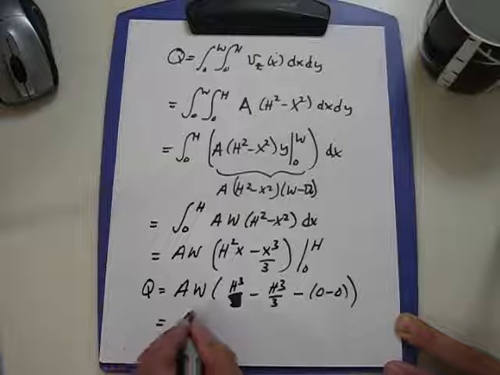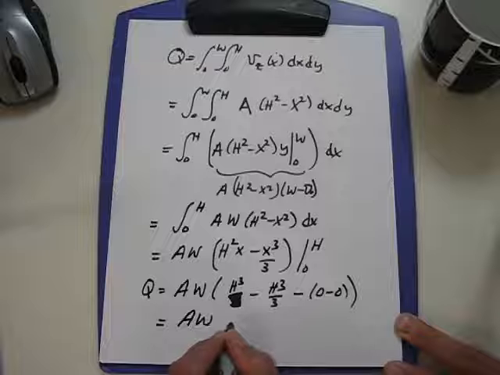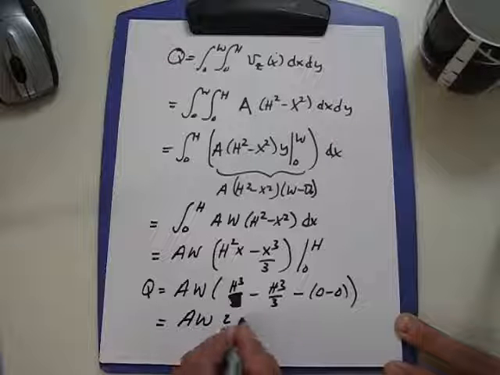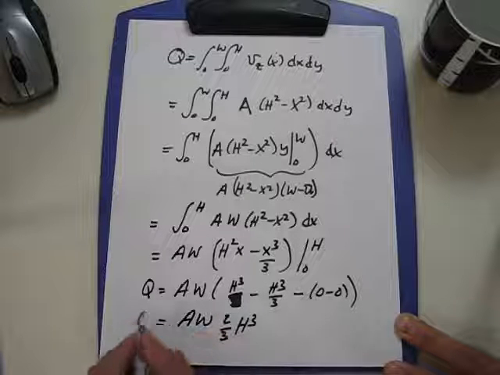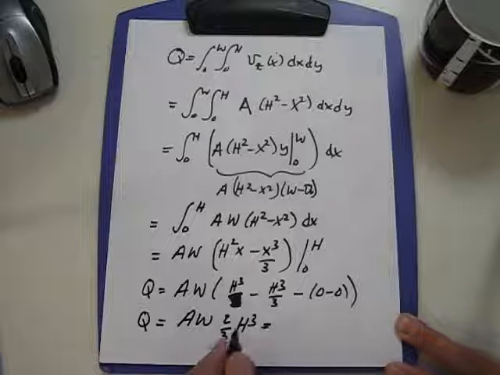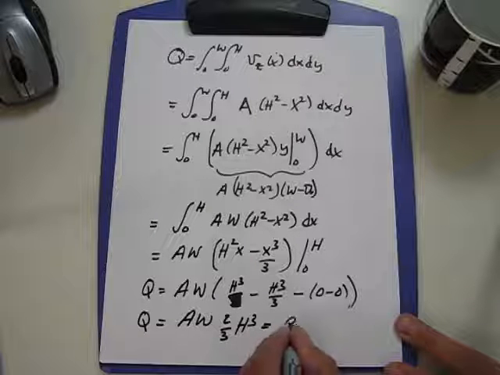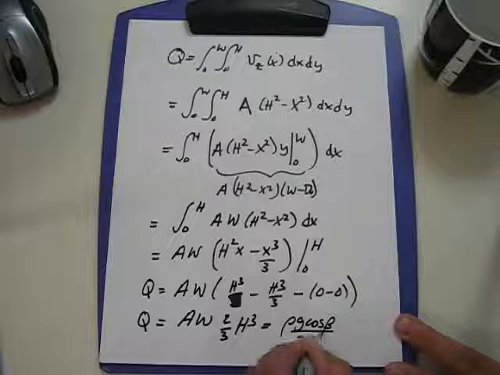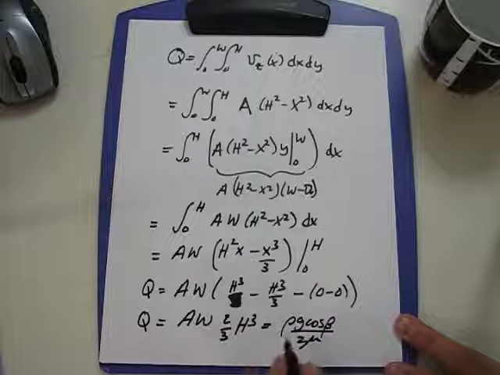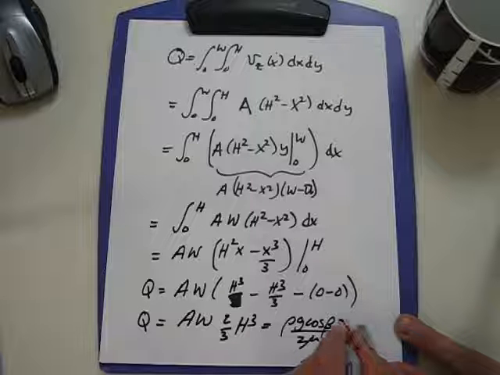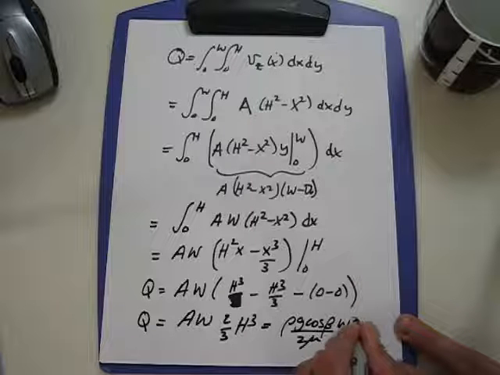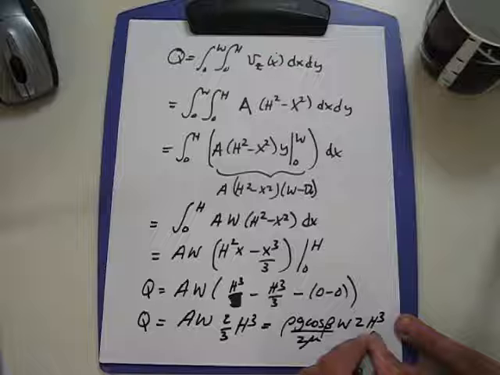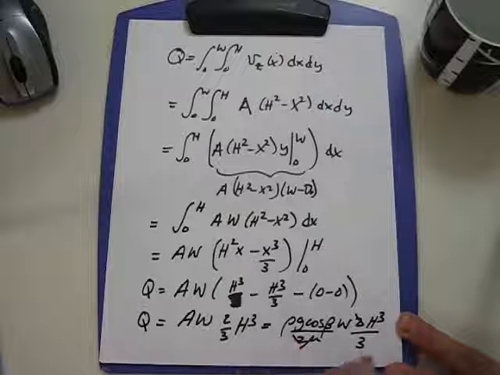And so we get a w times 2/3 h cubed. Putting the a back in from the original problem, we get rho g cos beta over 2 mu, times w times 2 times h to the third over 3. And that's our final answer.